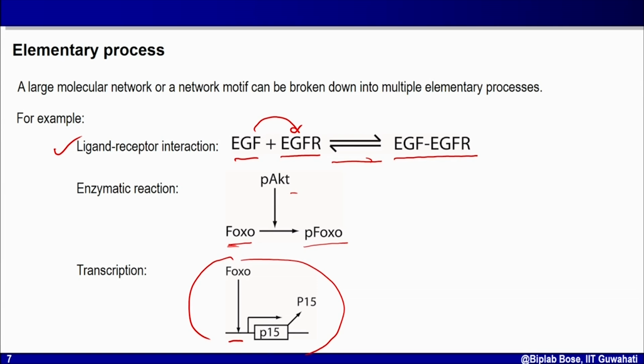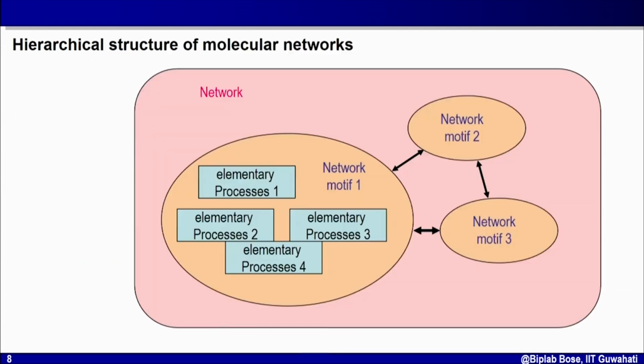Now, a large network can be broken down into sub-network motifs, and each of these network motifs can be broken down again into this type of elementary processes. So if you look at the hierarchical structure, what do I see? At the lowest level, there are certain elementary processes. For example, ligand receptor binding, enzymatic reaction, production of molecules, degradation of molecules, enzymatic control of production of molecules, transcription, translation, something like that.